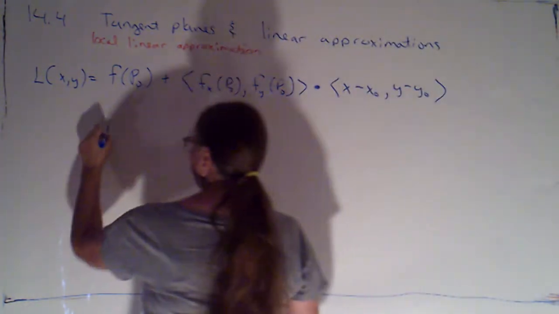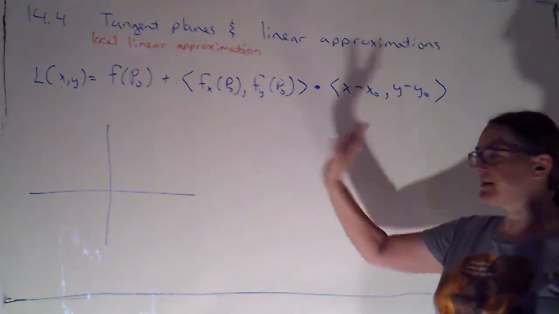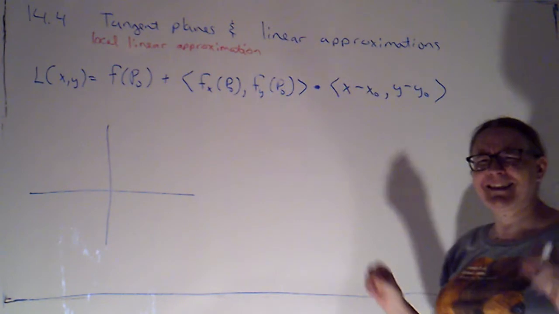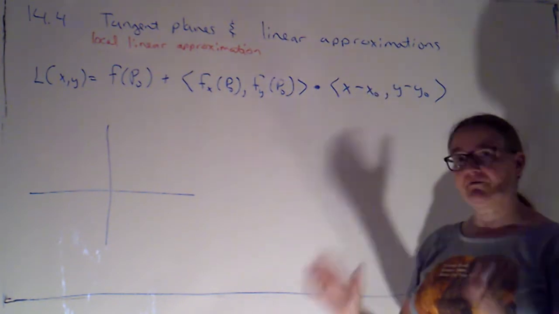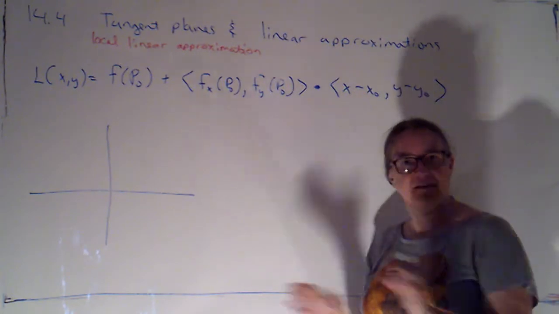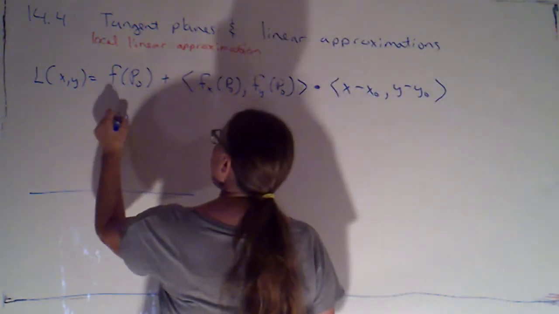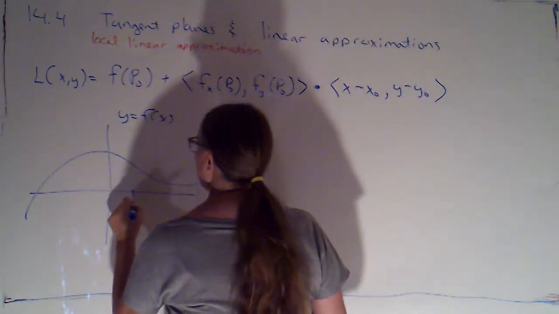With a function of one variable, I'm going to again just explore what it means for the tangent line to exist. And I know with functions of one variable, we get that it's a good linear approximation if it exists. If I can find the slope, that's enough to guarantee that it's a good linear approximation. So let's just suppose that I had y equals some function of x, and I'm looking at some point x naught.